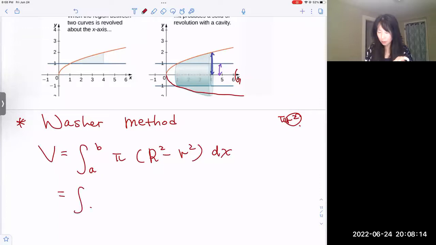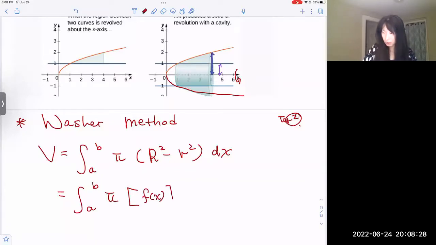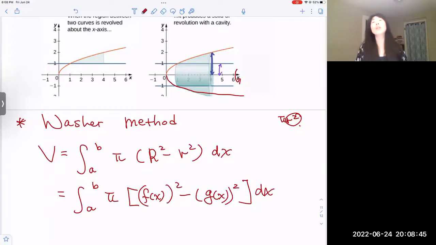So this will be pi, integral from a to b, and we are using f of x squared minus g of x squared dx.